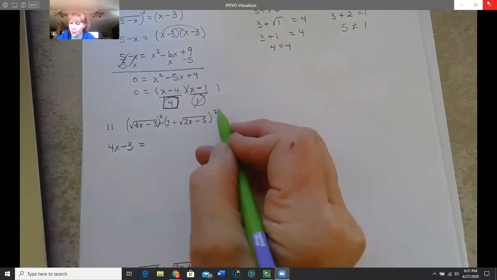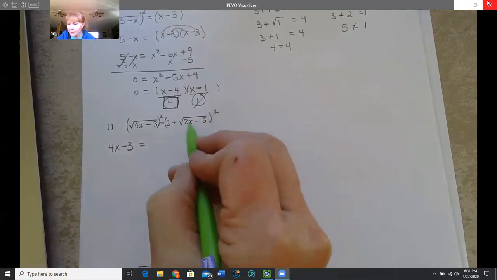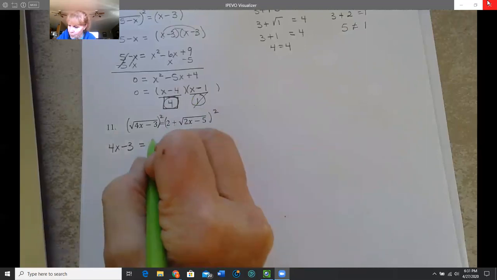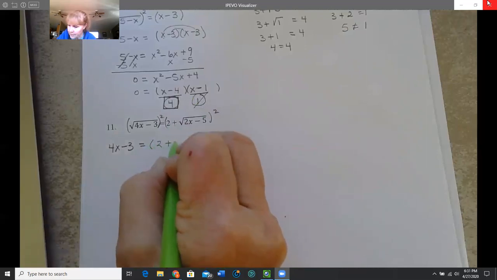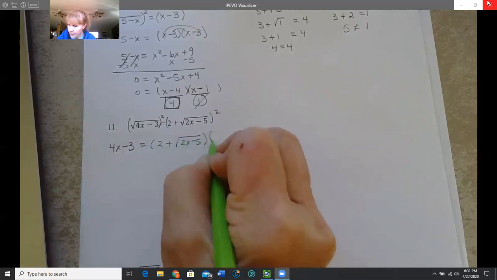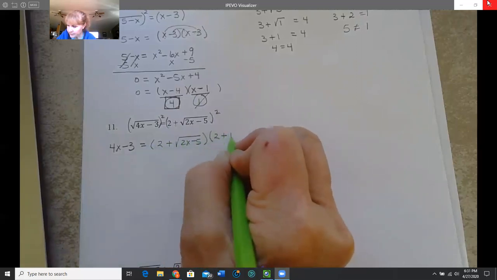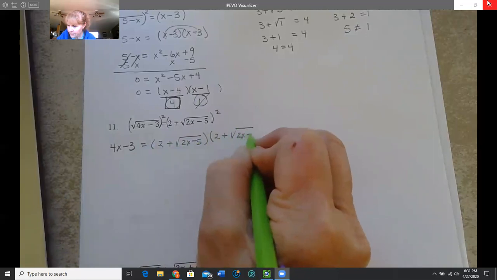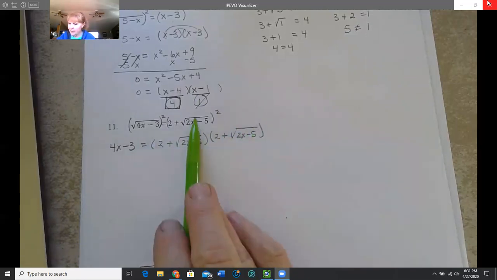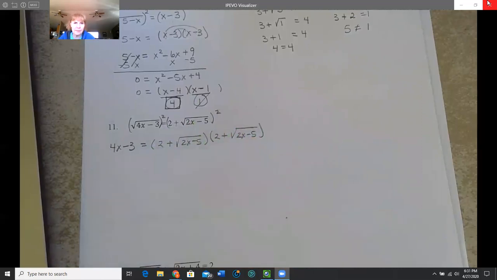You've got two of these, and you need to rewrite it twice because of that plus sign there. We don't use the conjugate. They just stay the same. This statement means the same as this statement.